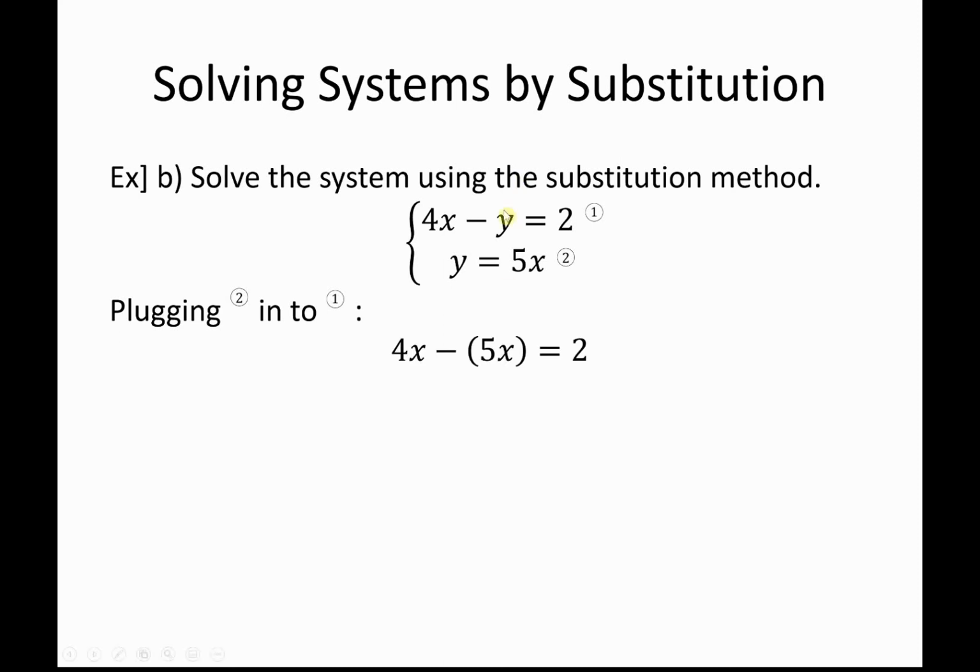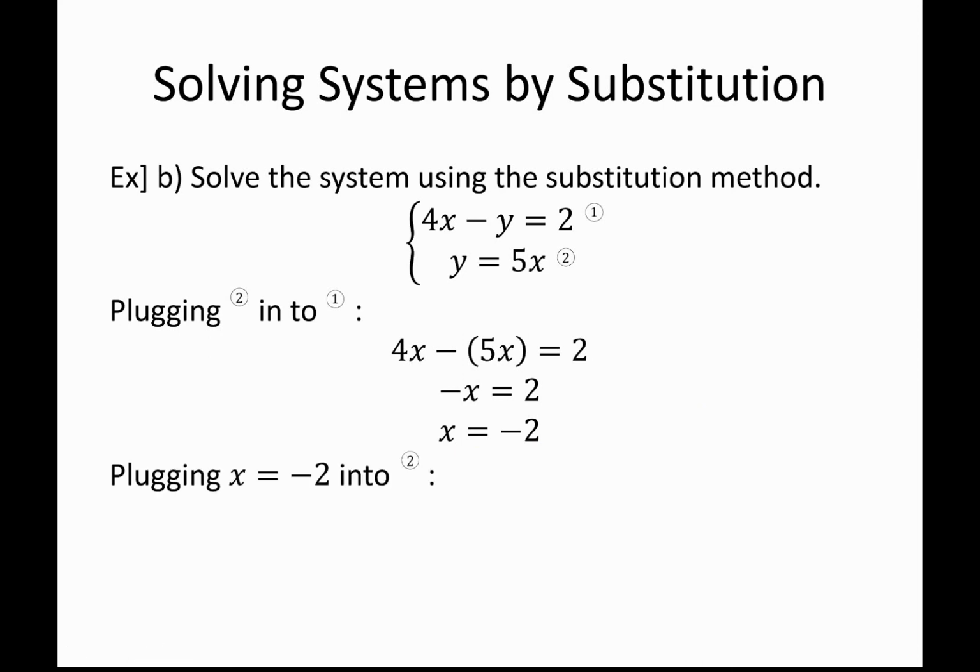Instead of this y in equation 1, you're going to substitute 5x, because that's what equation 2 said y's value was. Okay, so plug it in, drop the parentheses, combine like terms on those x's, and you'll get negative 1x or just negative x. Multiply both sides by negative 1, and you'll get that x takes on a value of negative 2 in that half of the solution.